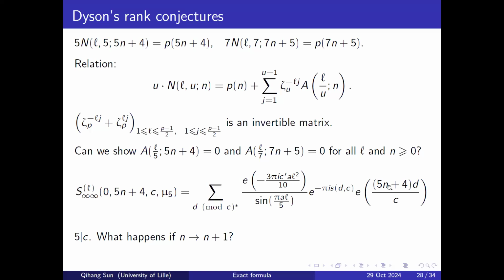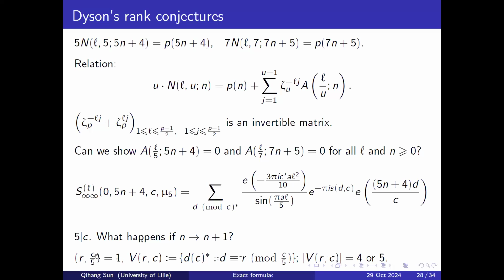And if you take n to n plus 1 here, there's one more exponential term, 5d over c, that appears here, which means if we classify all the d up to c over 5, then this d will not be changed. So we introduce our new notation of VRC to cut all of d coprime to c.